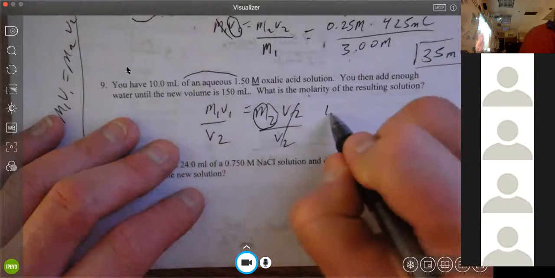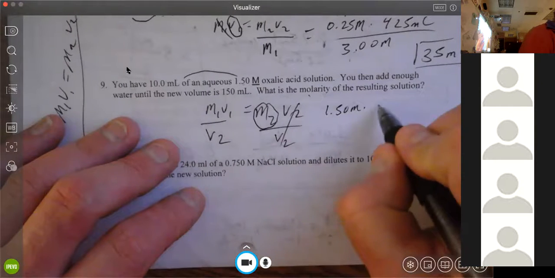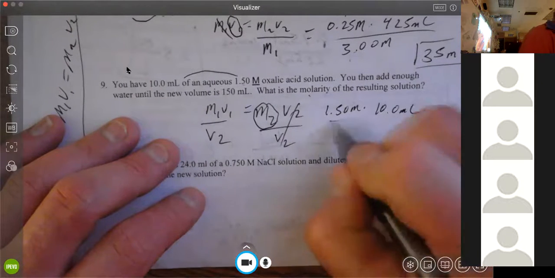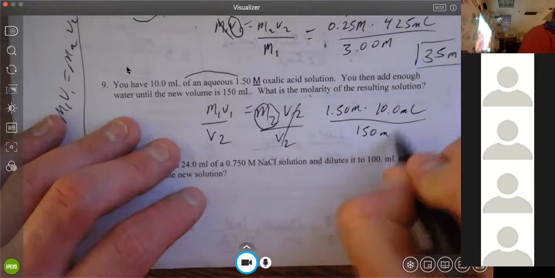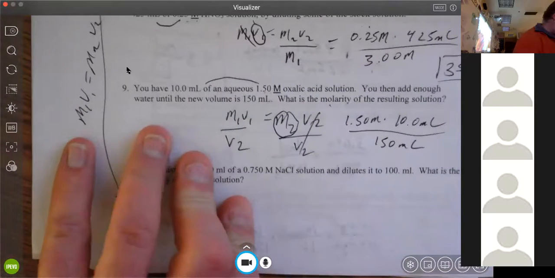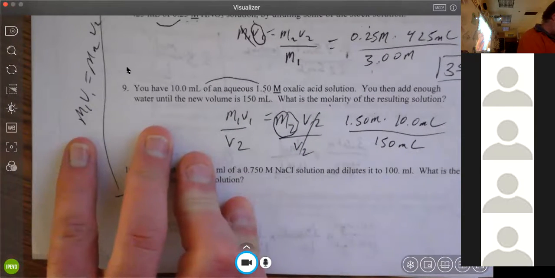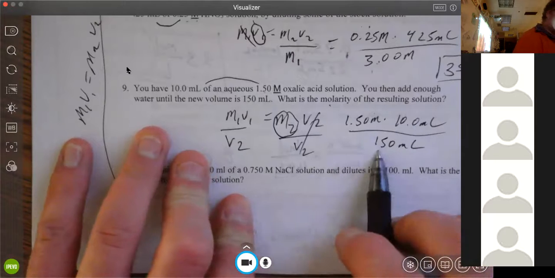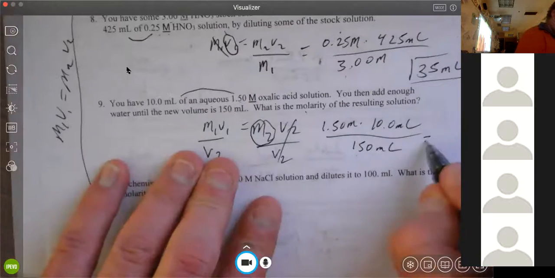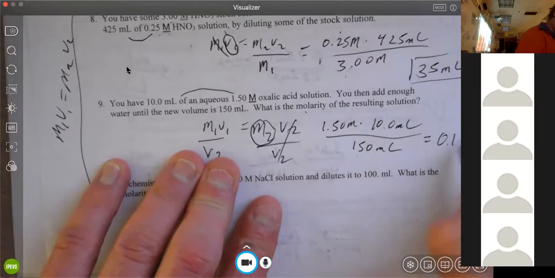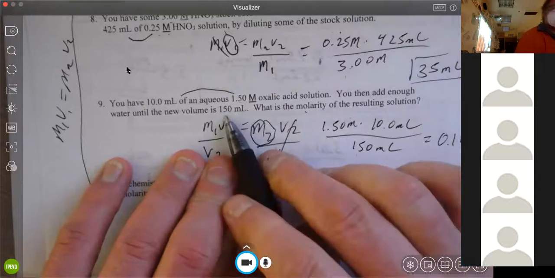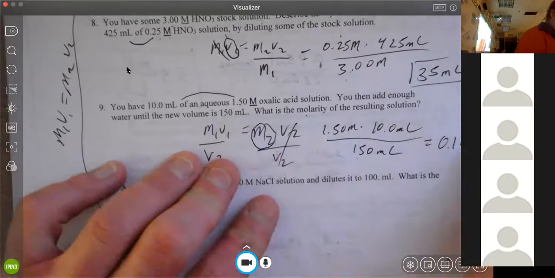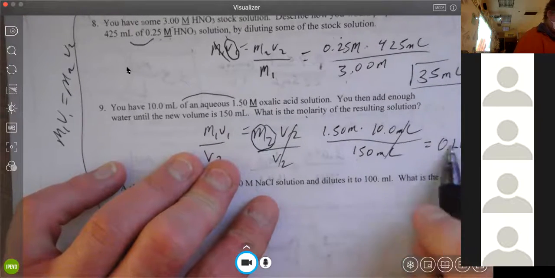This is M1. This is V1. This is V2. 1.5 times 10 divided by 150 is 0.1. Two significant digits with 150, so the new molarity is 0.10.